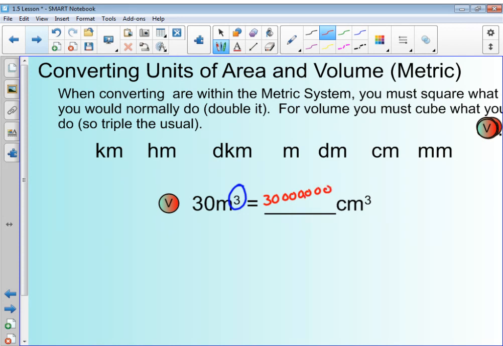Okay, you should have ended up with 30 meters cubed being the same as 30 million centimeters cubed.